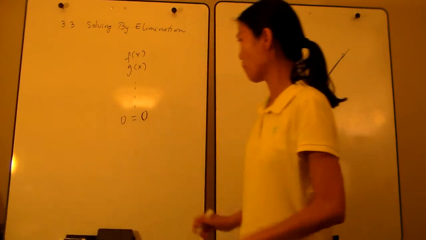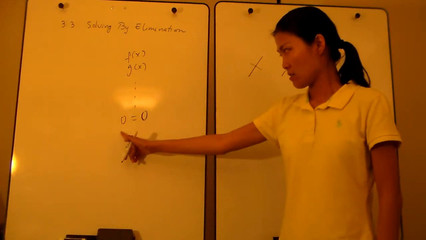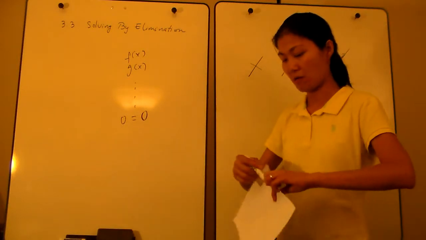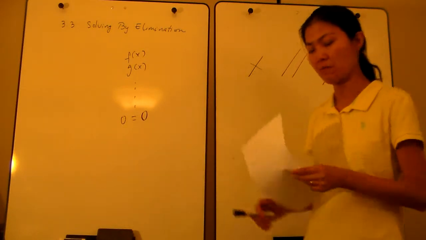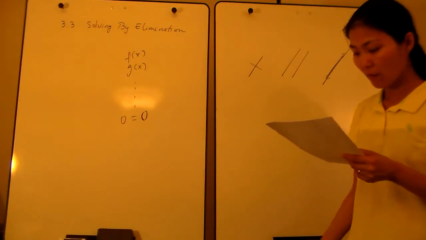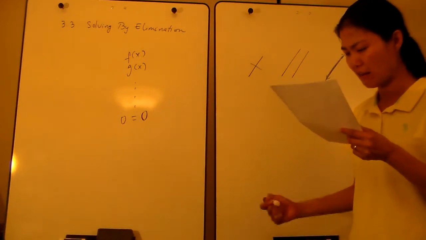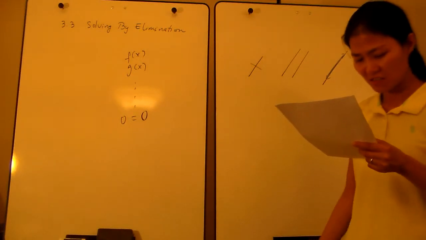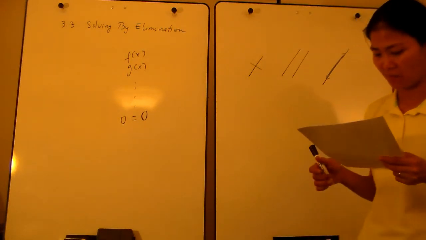All you get is a constant equal to a constant. This time 0 equals 0. It's true, so it's a true statement. That's when you would say the system has an infinite number of solutions. The system is consistent and the equations are dependent.